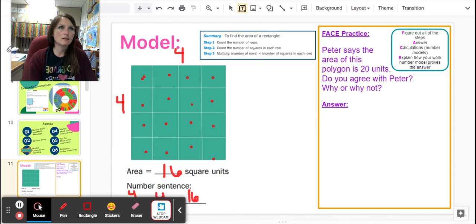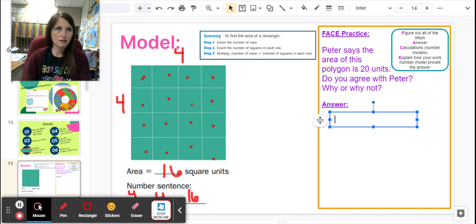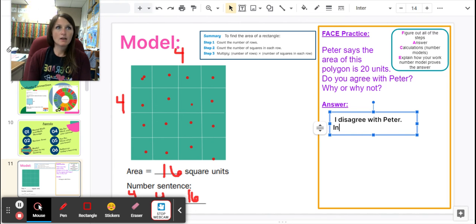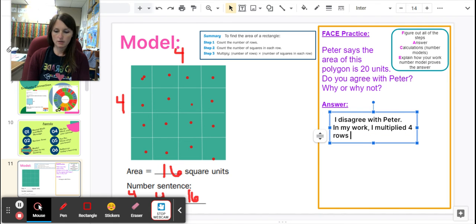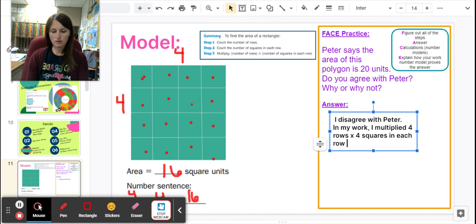that I disagree with Peter. Now, why do I disagree with Peter? In my work, I multiplied 4 rows times 4 squares in each row, and it equaled 16.